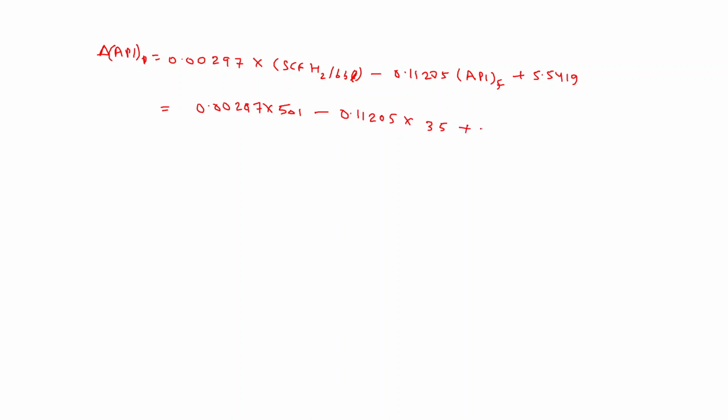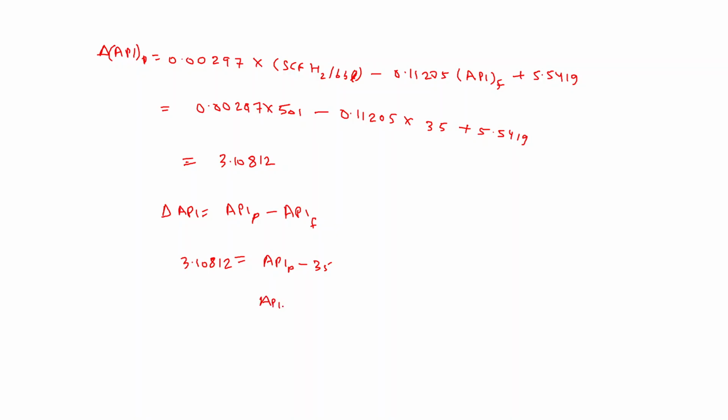With the API gravity given in the question, it gives us 3.1081. So this is the delta API. So API of product minus API of feed: 3.10812 equals API of product minus 35.